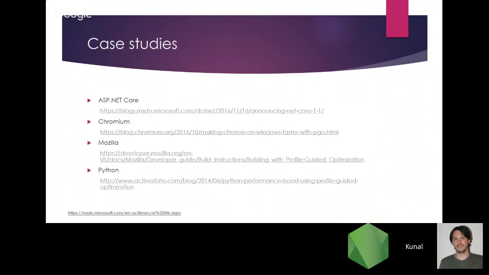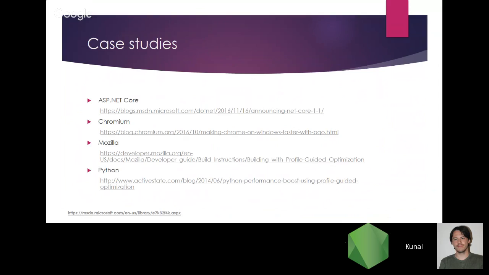Some of the case studies we have known: ASP.NET Core recently published a blog, and they used this PGO binary. They saw 5 to 10% improvements in the startup of the music app, for example. Chromium does that.